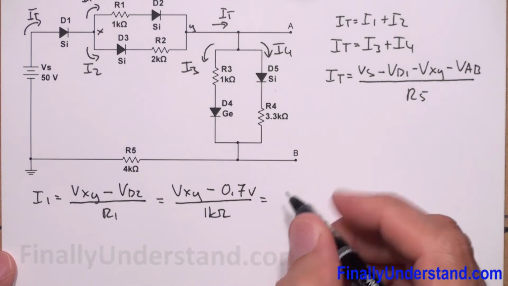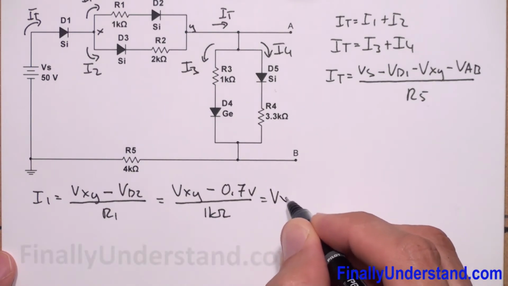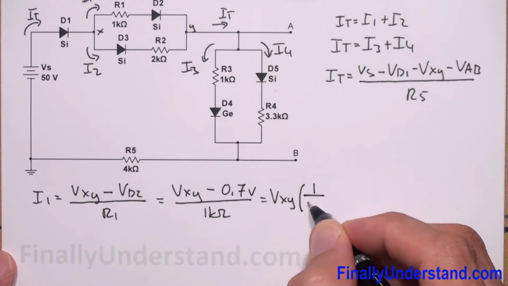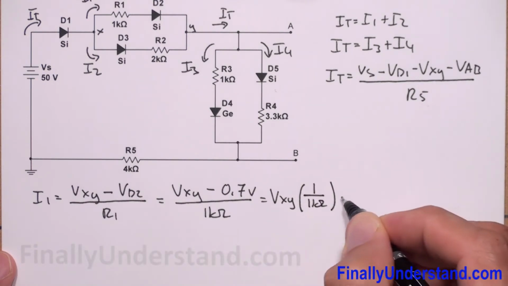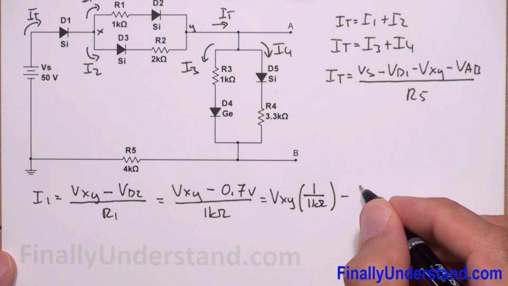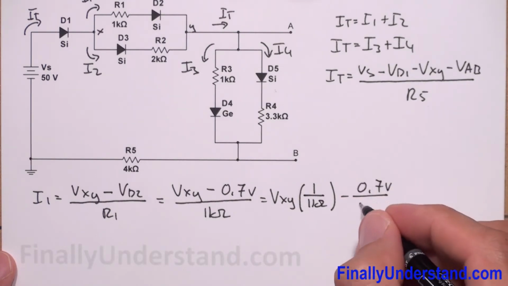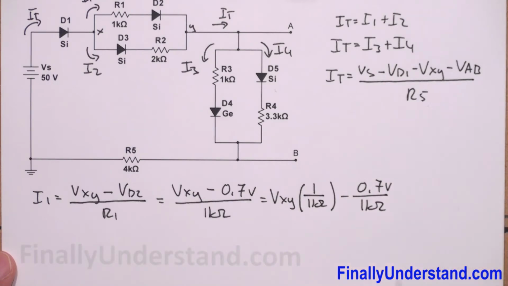In other words, I'm going to write this as VXY times 1 over 1 kilo ohm minus 0.7 volts over 1 kilo ohm.